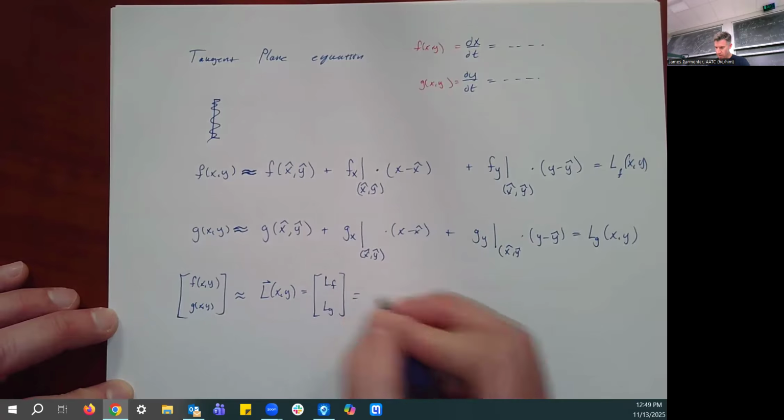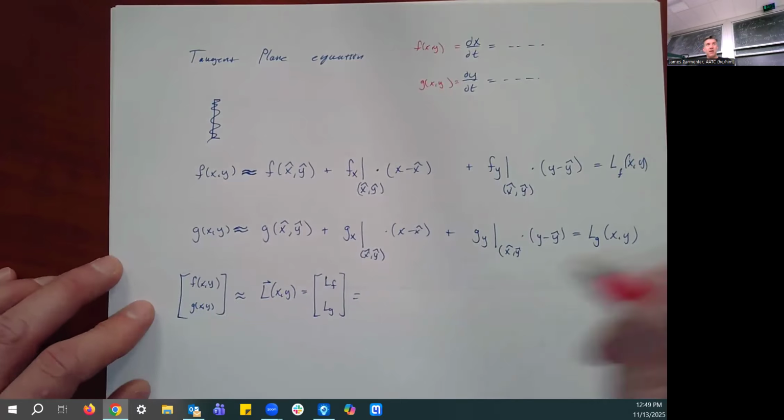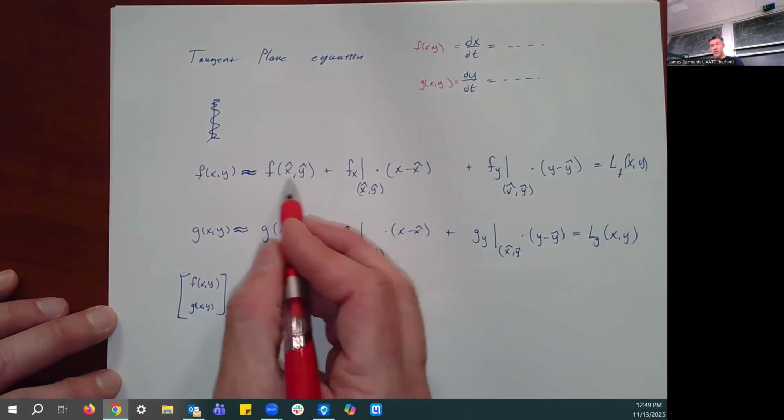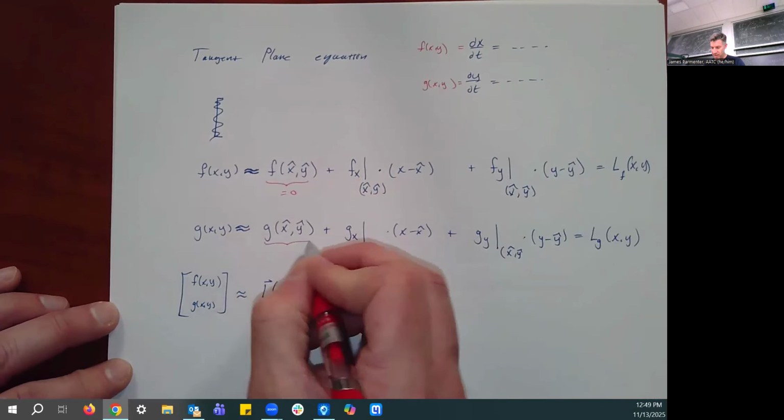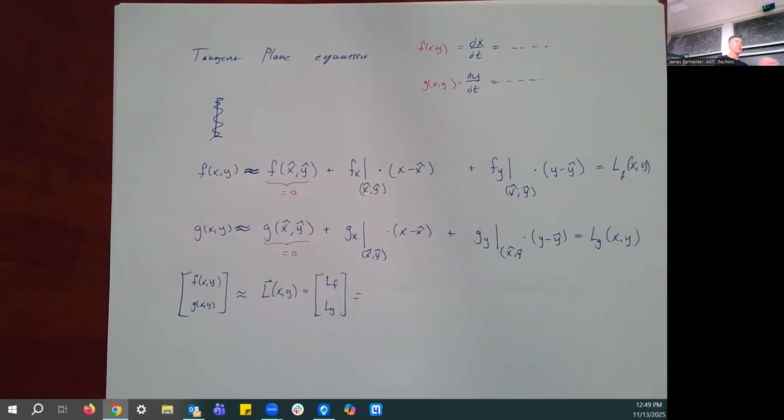And now check this out. Remember last time how we talked about how when you plug in these equilibria, this part ends up equaling zero, because that's how we found the equilibrium, by setting each thing equal to zero. And the thing I'm talking about here is specifically for the case where we're trying to describe what's happening around an equilibrium of a nonlinear system of differential equations.